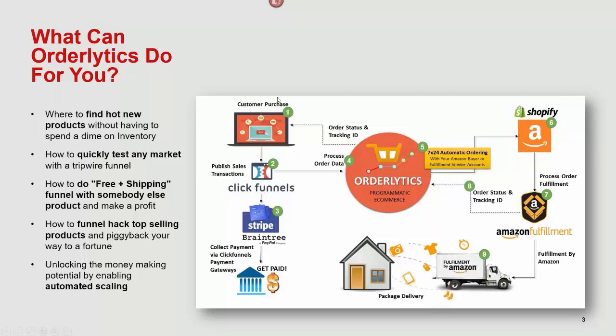It's a good point. We'll probably just run through the process flow real quick. A customer comes in and buys off your landing page, dropping into ClickFunnels. You use Stripe or Braintree or one of the ClickFunnels gateways. You get paid the money they paid up front, and then ClickFunnels sends that sale data into Orderlytics. We'll use your Amazon buyer's account to go out and buy the product with your purchase account.